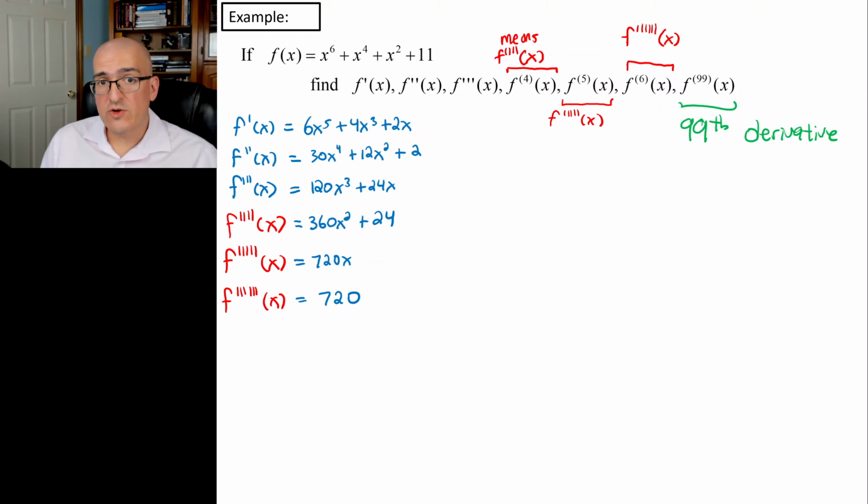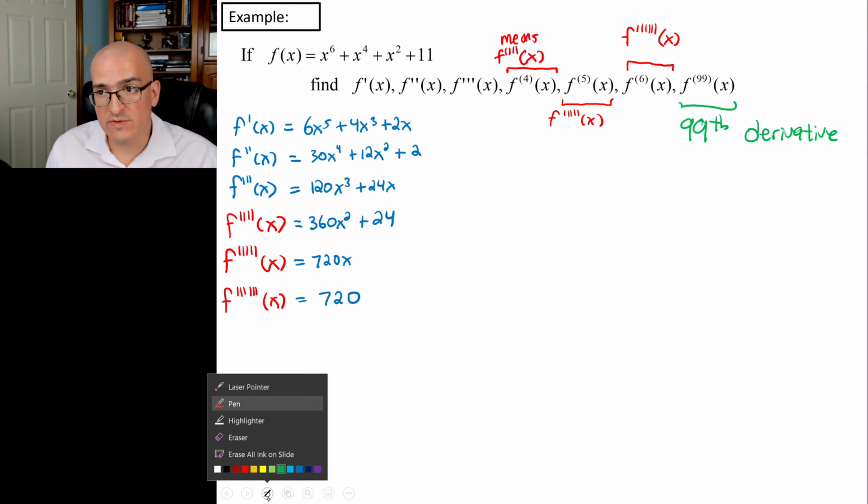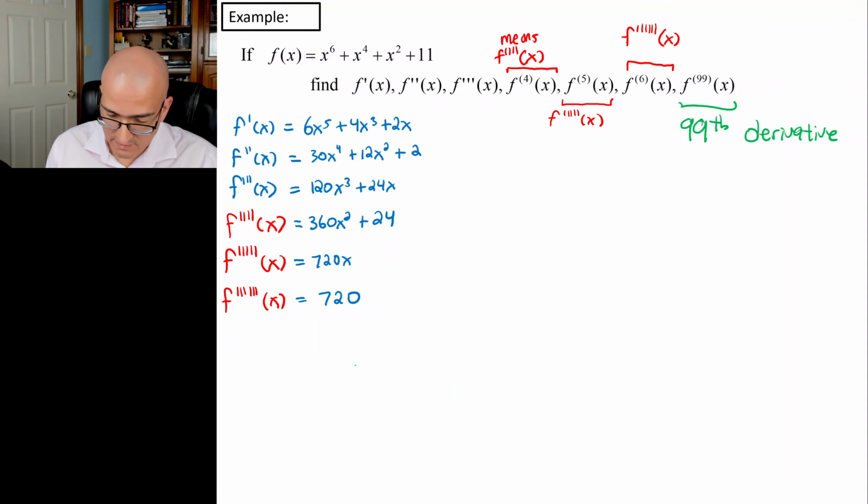So you really don't want to be writing 99 tick marks. How many times are we going to have to take the derivative? So I've already tired of drawing tick marks. I'm not going to draw 7 of them. I'm just going to say 7th derivative.